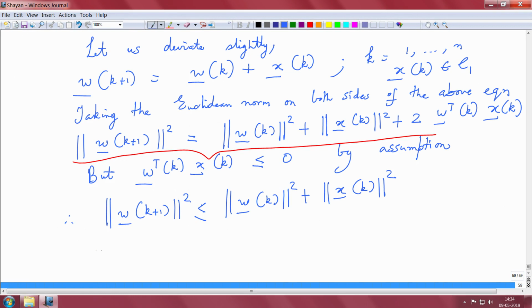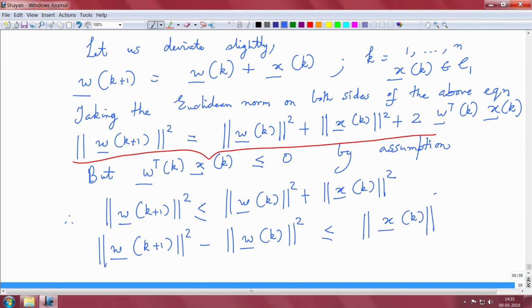Now, we rewrite this carefully. Norm of W k plus 1 square minus norm W k square is less than or equal to norm x k square, and this holds for k equals 1 dot dot dot till n, because we are sequentially presenting all these data patterns. Now, you recursively expand this out, it is straightforward.